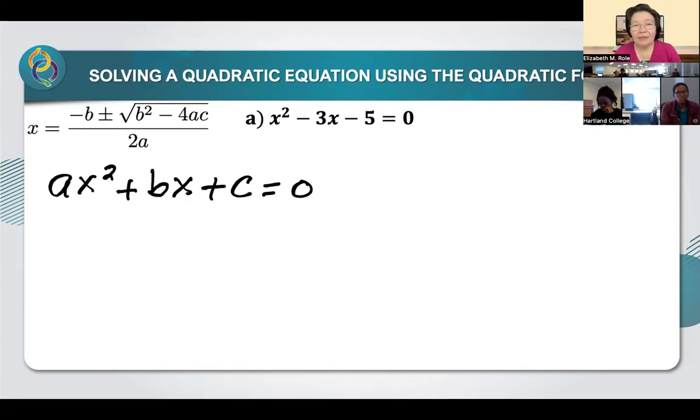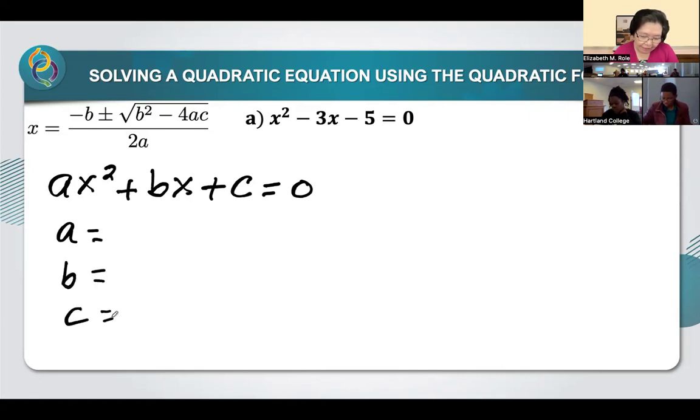So when you see a quadratic equation, you know that the coefficient of x squared is a, the coefficient of x is b, and your constant is c. That's the only thing you have to do to identify the values of a, b, and c.